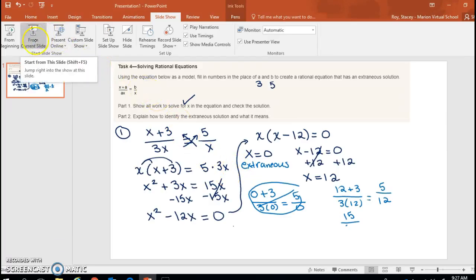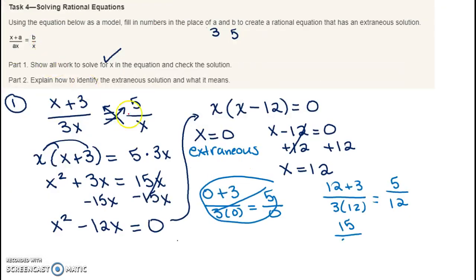My slide disappeared. Okay, so 3 times 12 is 36. Oh, somehow we got red. That's okay. And then 36 and 15 are both divisible by 3. If you divide the top by 3, you get 5. If you divide the bottom by 3, you get 12. And so that's a match. So this is our only solution.